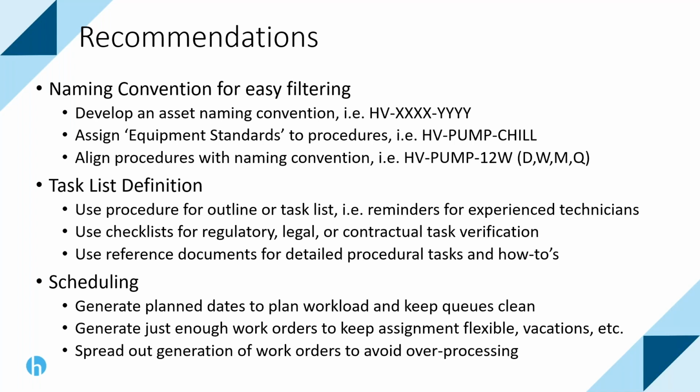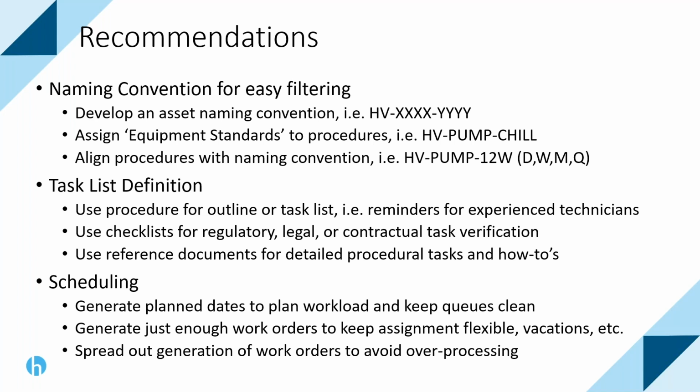But if you don't think about how you're scheduling and you're generating too much work, you run into two different problems. One is that everyone has a queue with hundreds, sometimes thousands of records that are just sitting there until jobs are completed or until you get to the job. And second, you're putting more pressure on the process of generation, and you're waiting longer for the system to generate thousands or 10,000 work orders in an evening. And if the system fails at a particular job and you have to regenerate, you're again sitting around the office waiting for the system to run.